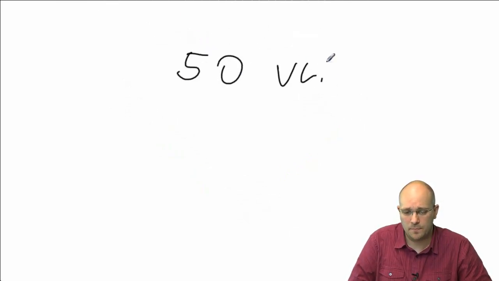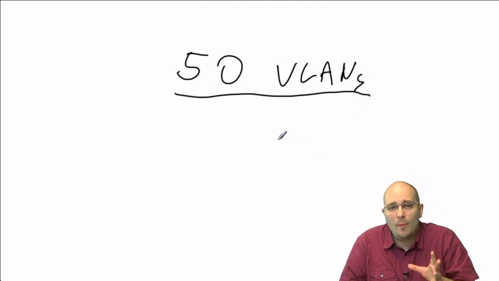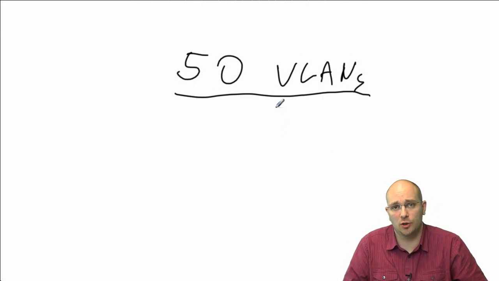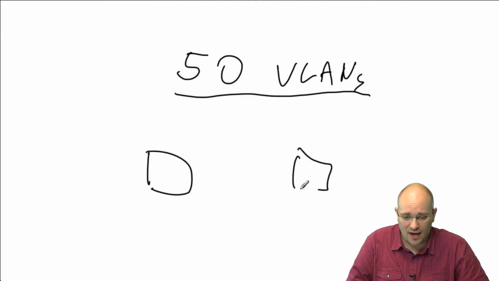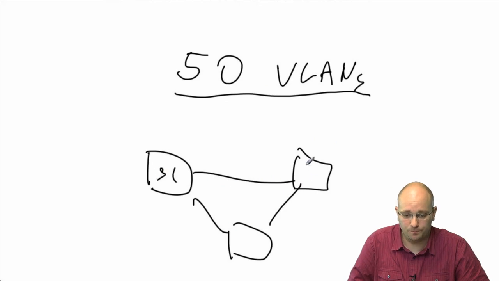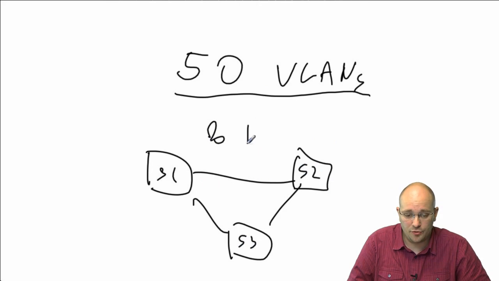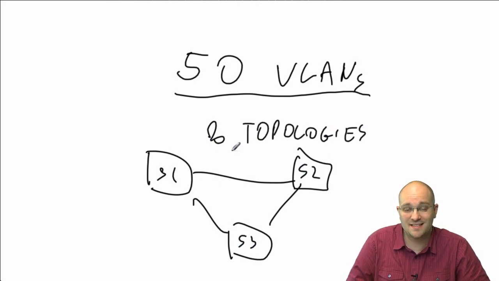But what if we had 50 VLANs in our topology? How many possible logical topologies do we have out of this physical topology here? Well, as I said, we have only 3 topologies that make sense.